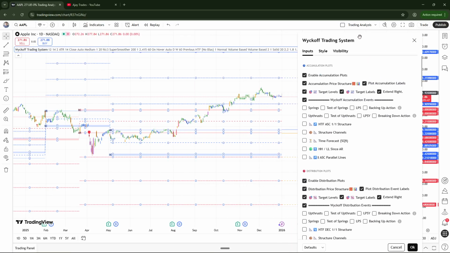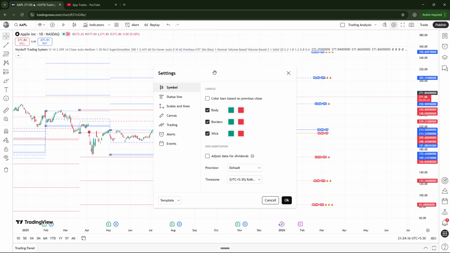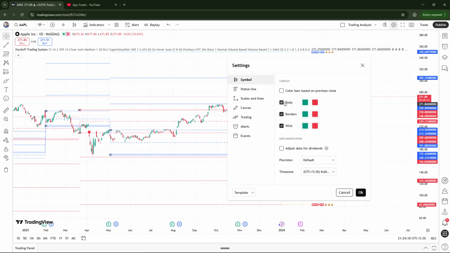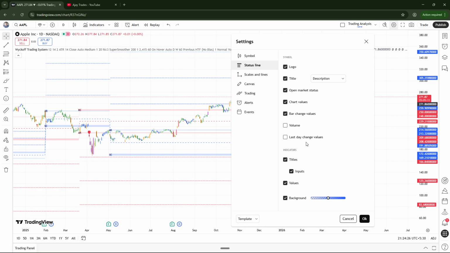What I want you to do is right-click there and click settings, and then you can check off this one because we are using the VSA candle here. In the status line, we don't want indicator input. Well, we do want input, title input, but we don't want values.